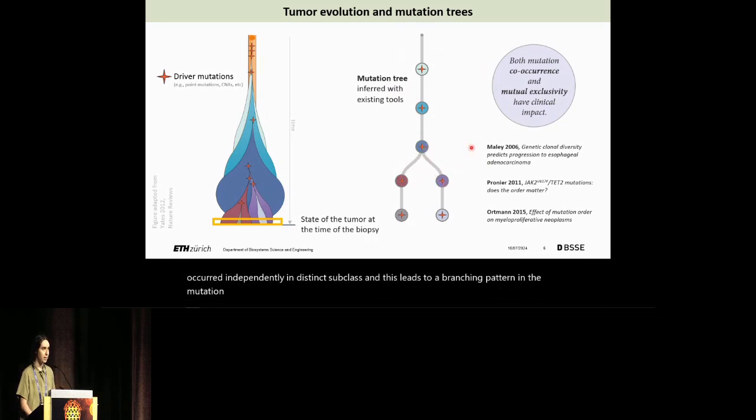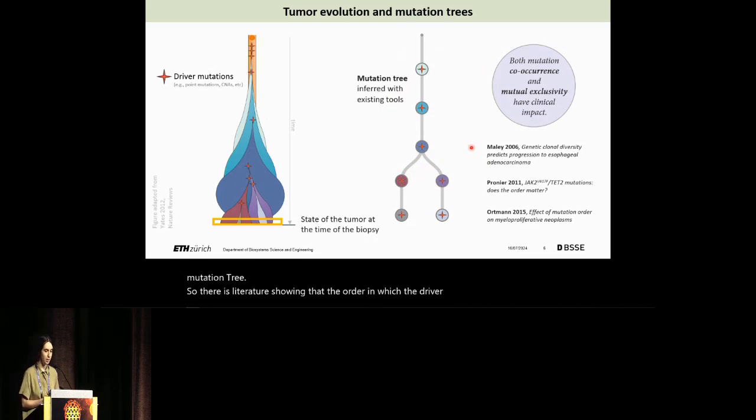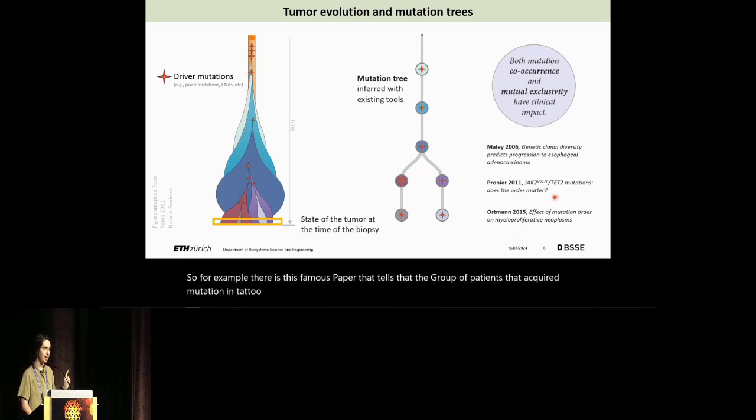There is literature showing that the order in which the driver mutations occurred is very important and leads to different clinical outcomes. For example, there is this famous paper that tells that the group of patients that acquired mutation in TET2 first and JAK2 later had a better survival than the other group that had the reverse order of the mutations in the two genes.